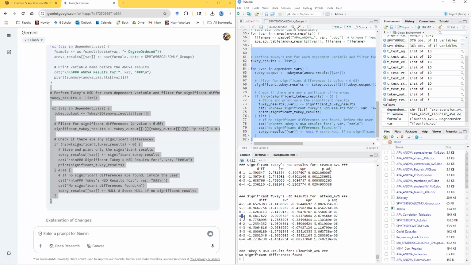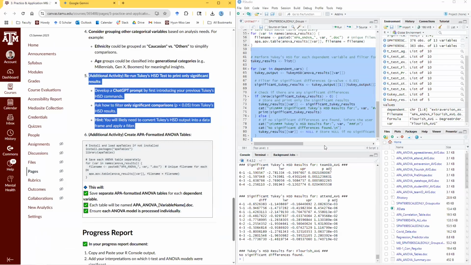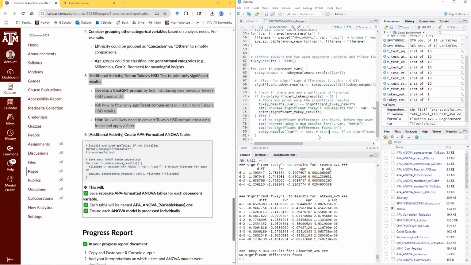Seniors compared to sophomores, the difference was smaller than compared to freshmen, and so on and so forth. You can find very interesting results. All right, so this is how you run t-tests and ANOVA and find insights based on the results.